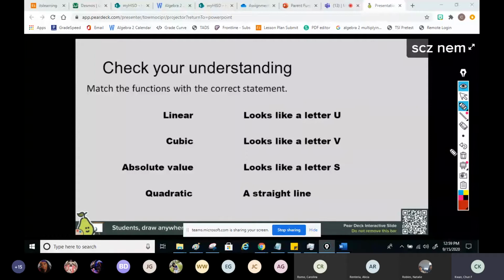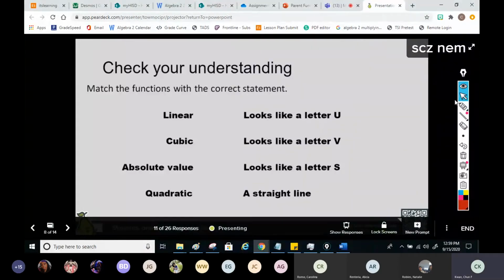So go ahead and switch to Peardeck. I will give you guys maybe 2 minutes to figure this out. See if you can figure it out. I'll give you guys 2 minutes.